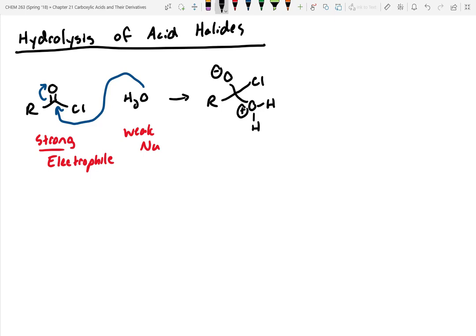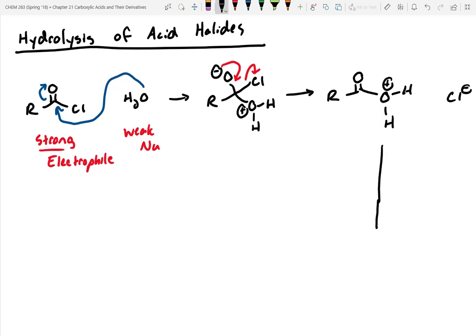And really quickly, in the next step, this oxygen can clamp down and kick off the chloride. And then last but not least, you're going to do a proton transfer, where this final product is going to lose that proton coming off the end, and you're left with a carboxylic acid.